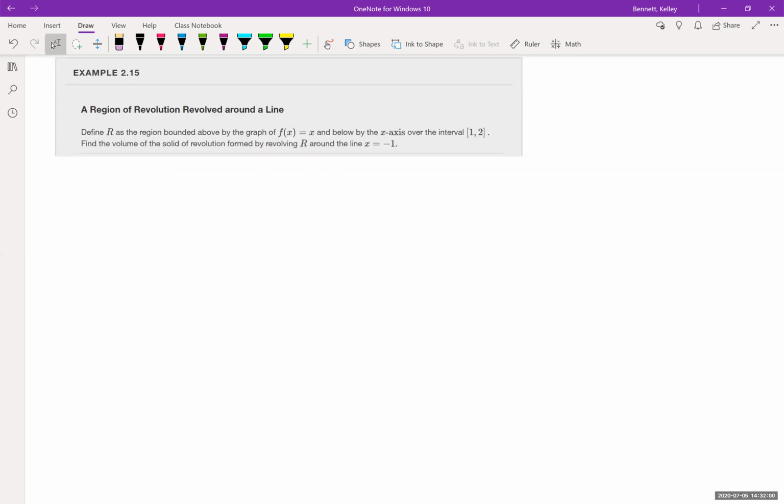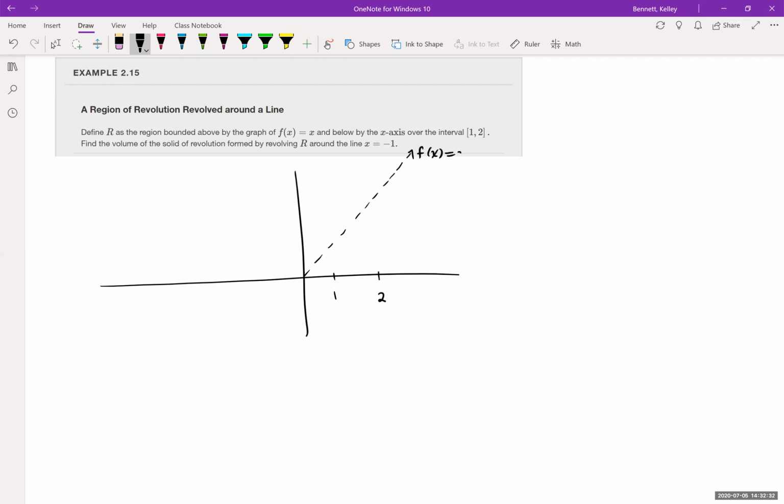So always begin by drawing. Our graph is given by f of x equals x. We're bounded below by the x-axis. We're from 1 to 2, and we're going to go about the line x equals -1. So if I draw this out, from 1 to 2, here's my function, f of x equals x, and I just want to do it from 1 to 2.